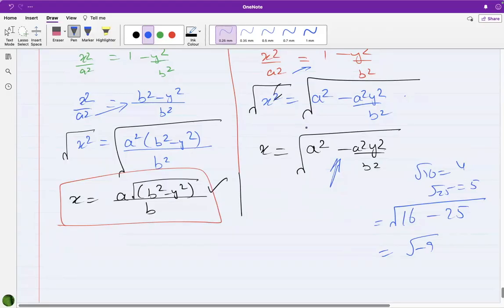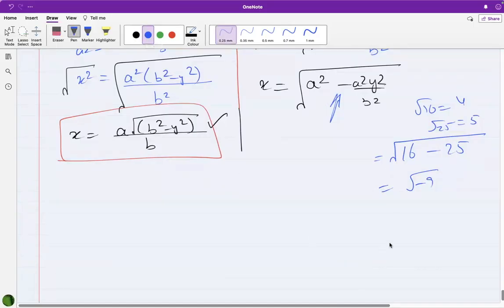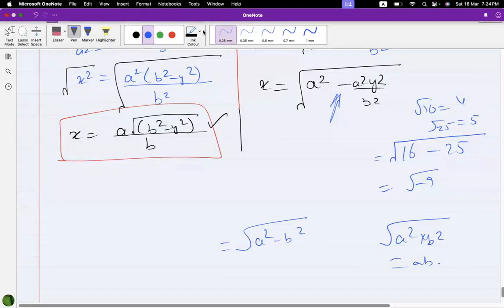I can subtract 16 and 25, but I cannot subtract a and b. And if this was a sign of multiplication, for example, a square into b square, whole square root would be ab. If we have a square minus b square whole square root, this stays here. Oh, so it's multiplication.